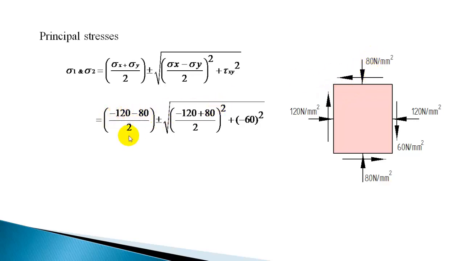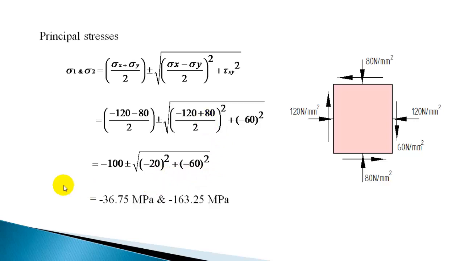Minus 120 minus 80 by 2 plus or minus root of 120 minus of minus 80, which makes plus 80, by 2 square plus minus 60 square. So you get minus 100 plus or minus root of minus 20 square plus minus 60 square. That gives values minus 36.75 and minus 163.25 megapascal.